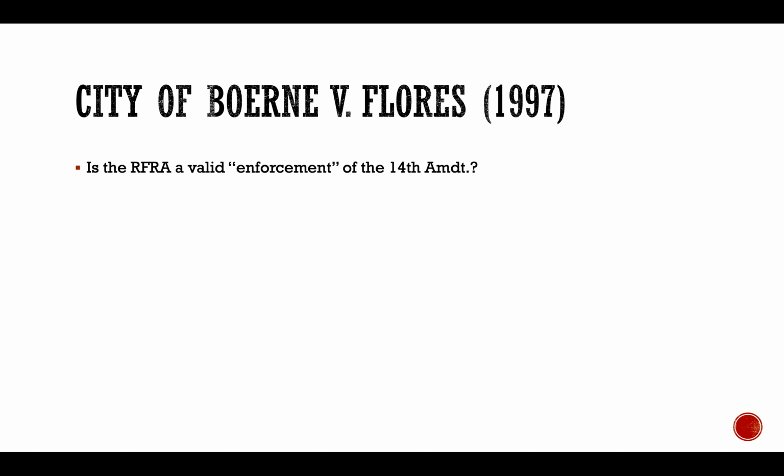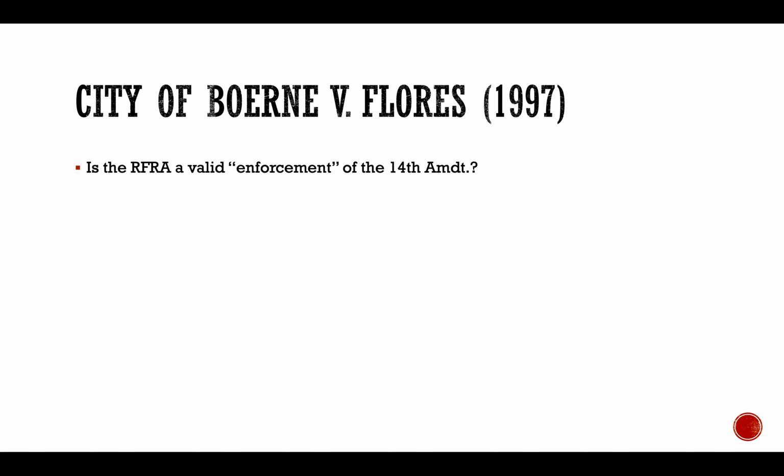So essentially, we would argue that the state, in this case the city of Boerne, Texas, is depriving this church of liberty, the liberty to exercise their religion freely without due process of law, and therefore Congress has the power to prevent or to remedy instances of Section 1 violations. Right? And so that's what Congress is claiming to do here.